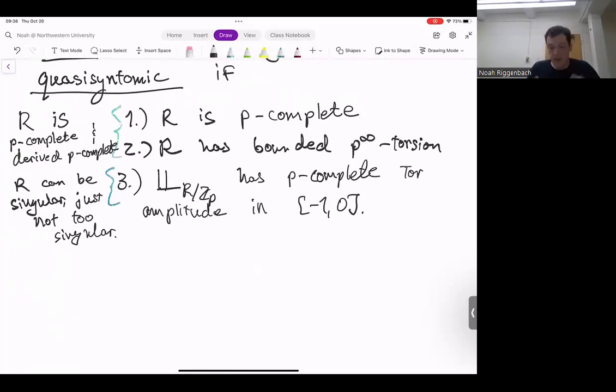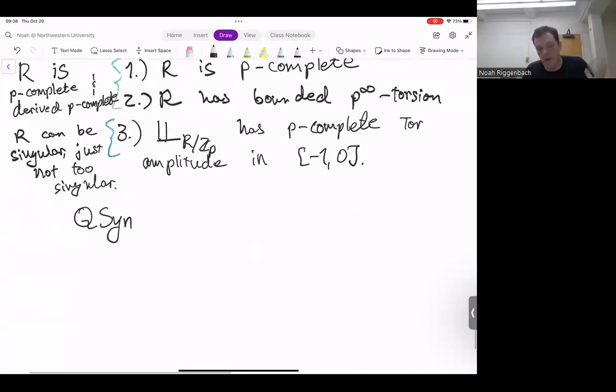So these are the objects. We can form them into a category, which we call QSyn. And there is a Grothendieck topology on this category where the covers mimic the definition of quasi-syntomic.